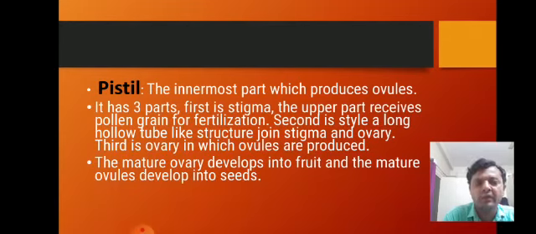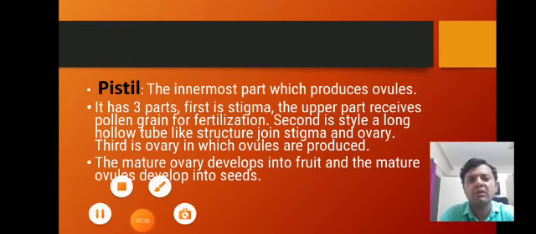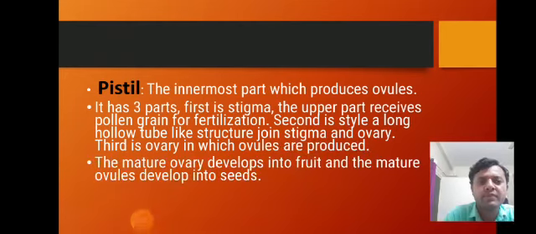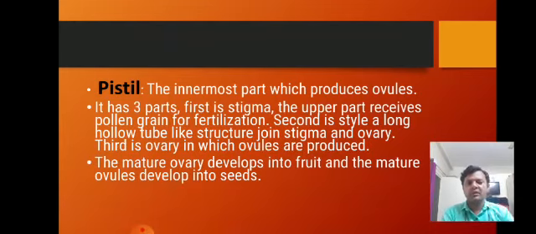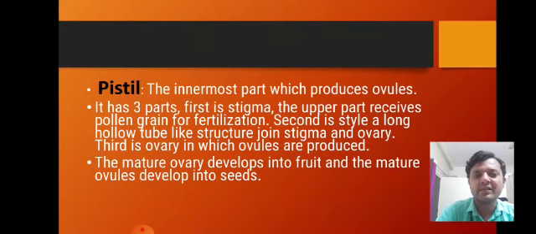Okay, and the very important thing, see, the mature ovary develops into fruit and the mature ovules develop into seeds. As I told you earlier also, without flower the plant will not get fruit.